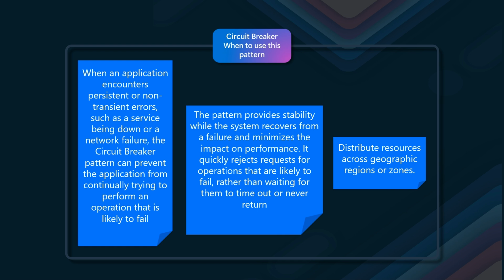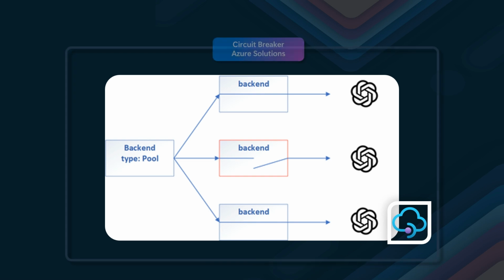This information can be used to alert administrators when the circuit breaker trips to the open state, providing insights on the health of the system. By using the circuit breaker pattern in these scenarios, you can improve the resiliency and stability of your application, prevent resource exhaustion, and manage long-lasting faults effectively.